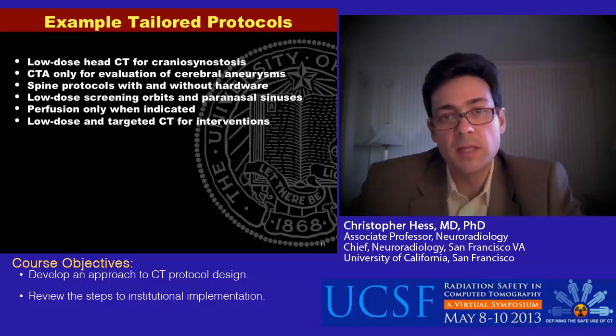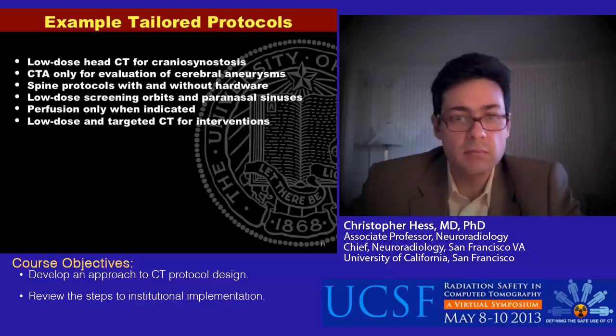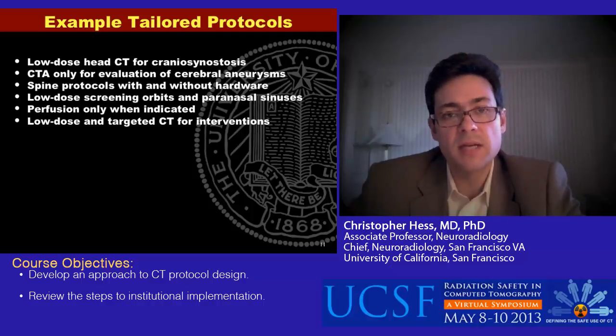We routinely perform low-dose scans in a number of scenarios, including screening of the orbits for metallic foreign bodies prior to MRI. We use very low-dose scans for studying facial bones, bony structure, paranasal sinus examinations, and orbits.